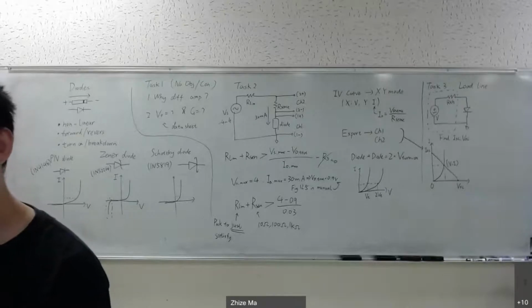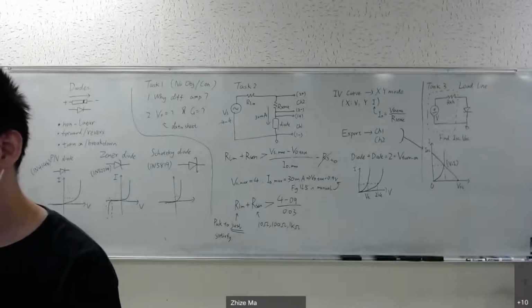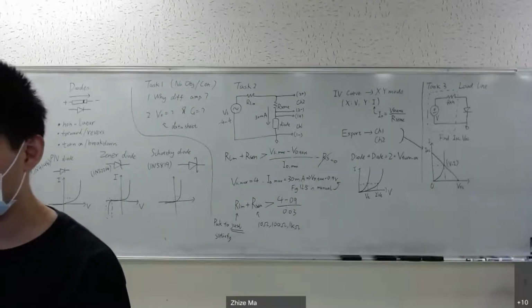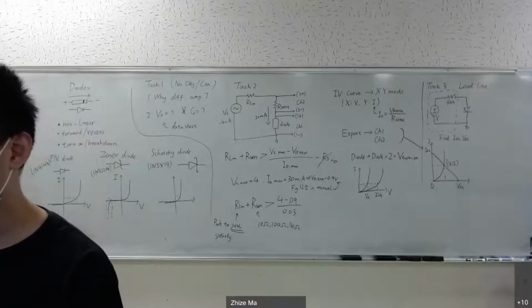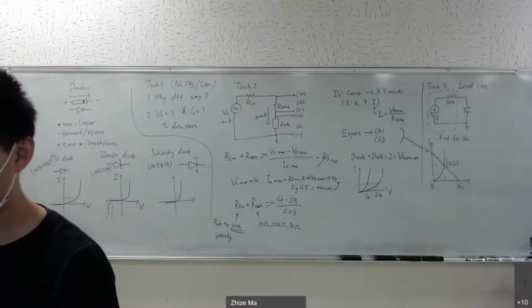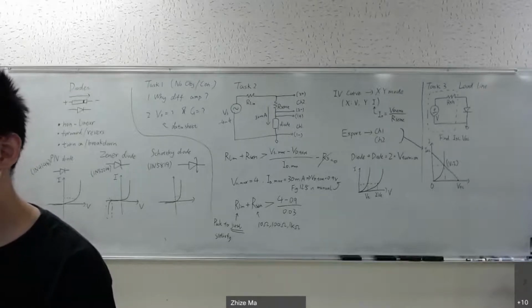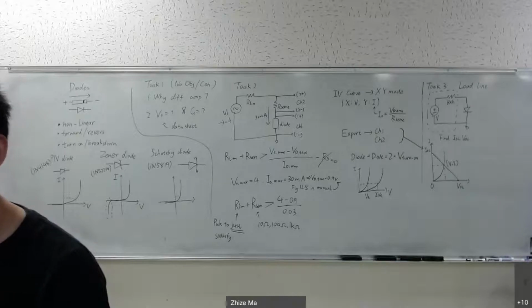So that's a quick tip for answering this question. Remember, you are using the AD2, which can read the differential signal. So you don't have to use this op-amp in today's lab.